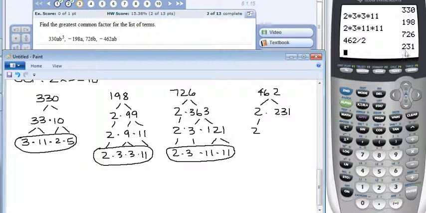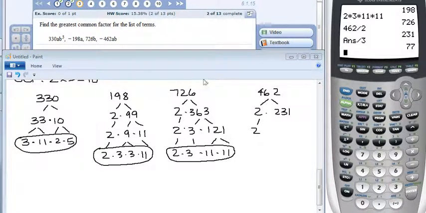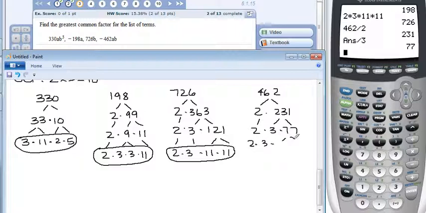Okay, now if I add my digits, 2 plus 3 plus 1 is 6. 6 is divisible by 3, so this number is divisible by 3. There's a trick. Divided by 3, so I've got 3 times 77. So I've got 2 times 3 times 7 times 11, right?